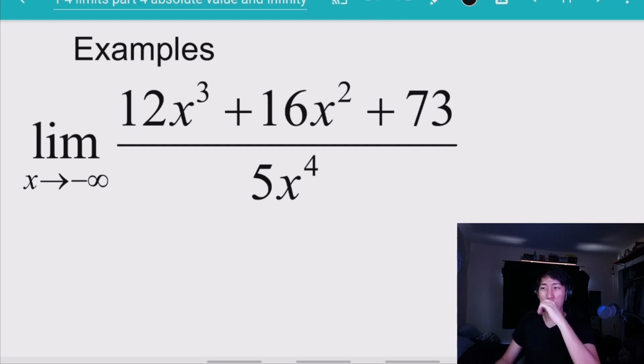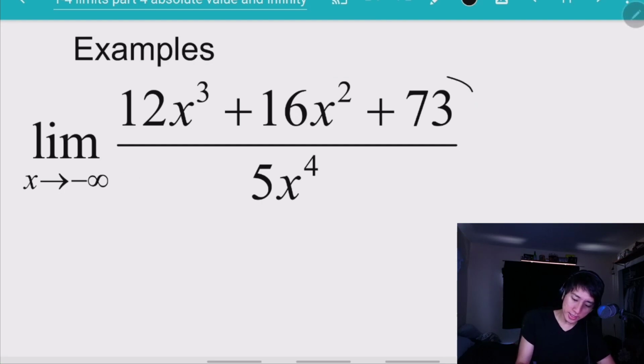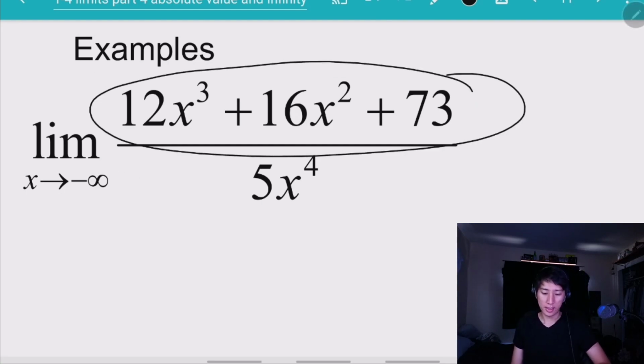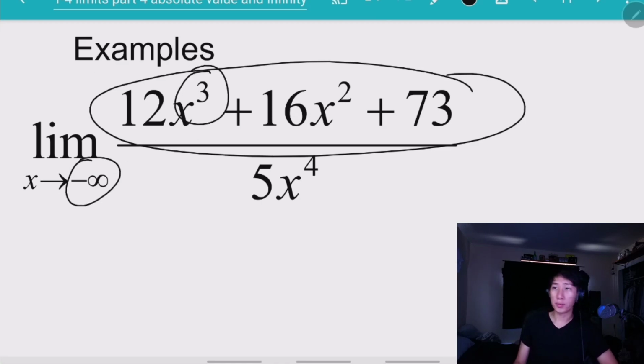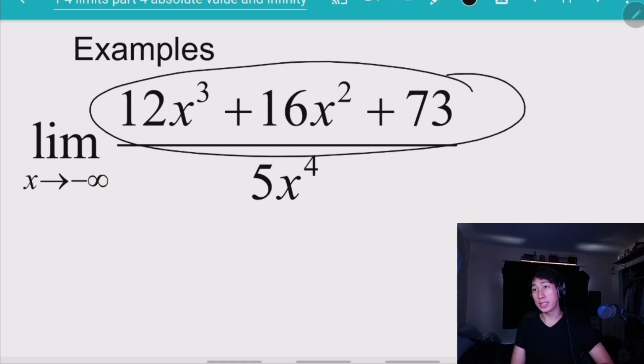But the reason why you've got to watch out for this just a little bit is because here's what's happening. This top number, you're having a negative number cubed. So when you have a negative number cubed, what is that going to be?